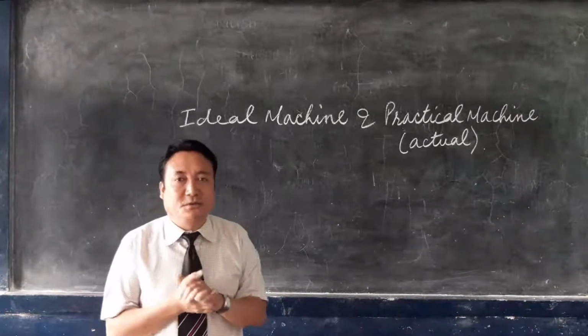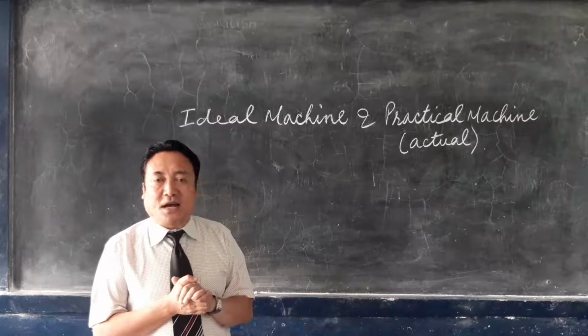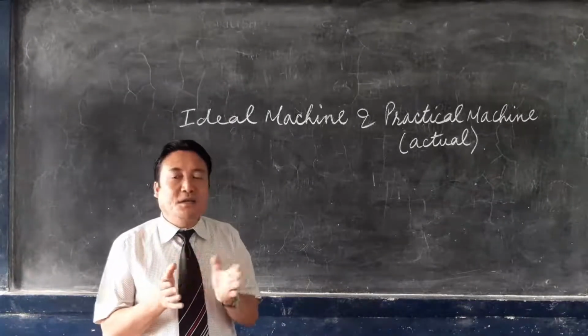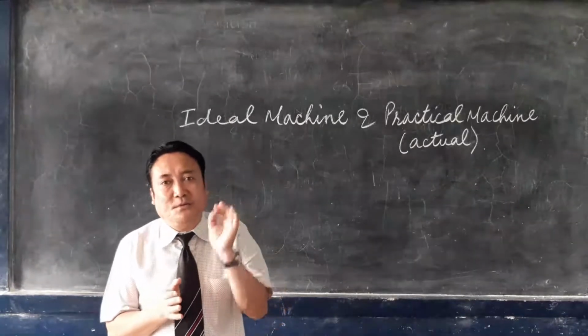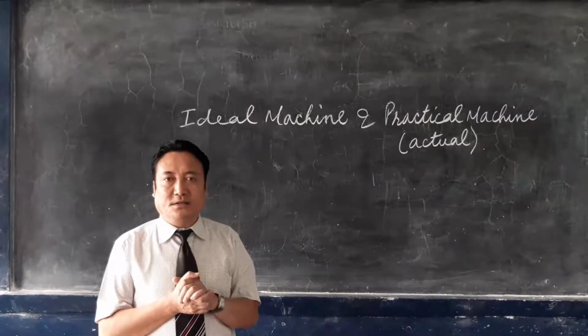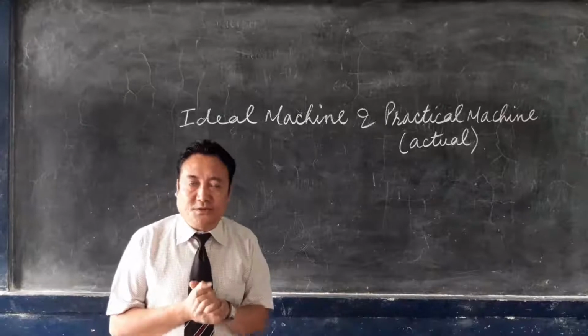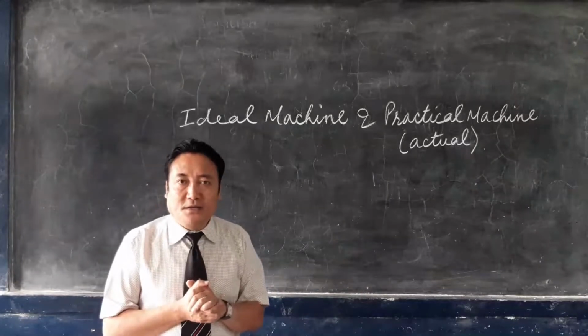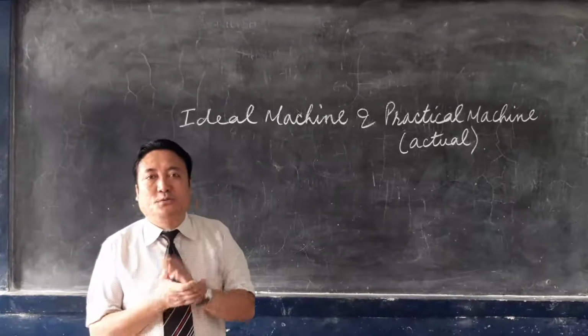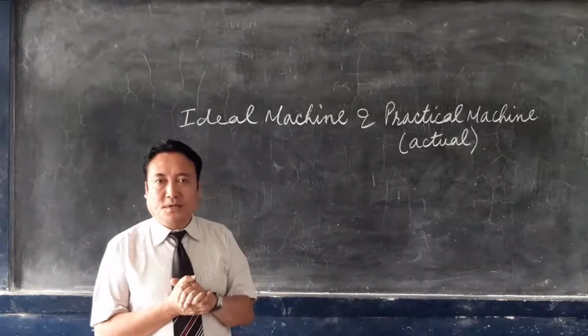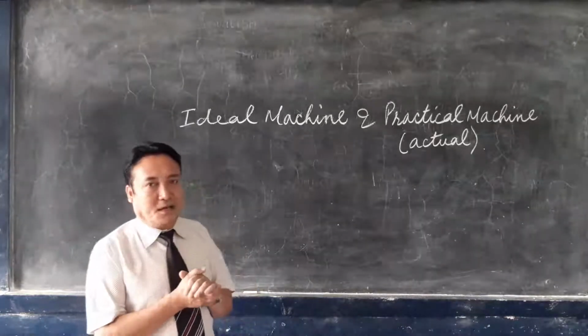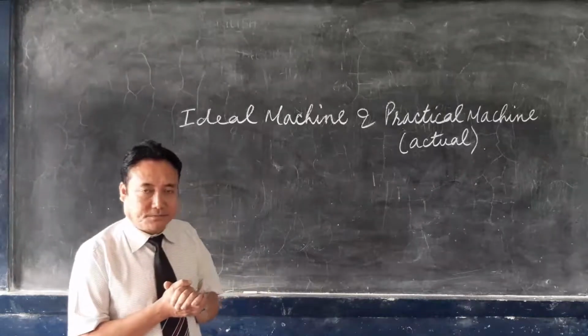So these three things you will have in an ideal machine. In an ideal machine the efficiency is always 100%, the mechanical advantage is equal to the velocity ratio, and the work output is equal to the work input. These things you will find in an ideal machine.